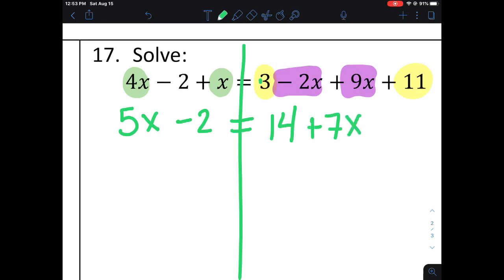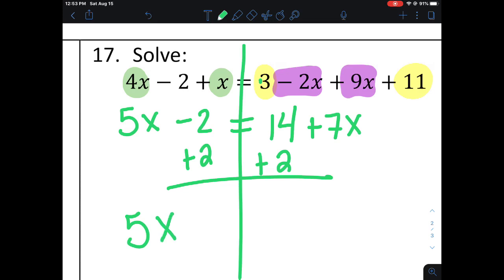Now that I have everything combined, I'm going to start moving things to the proper side. It doesn't matter what you start with. You can either move the x's first or move the numbers first. I think I'm going to move the numbers first, and I want the numbers on the right-hand side. So I've got negative 2. We'll do the opposite and add 2 to both sides.